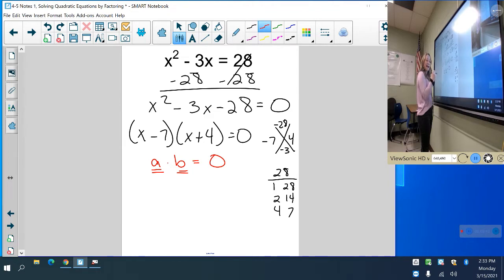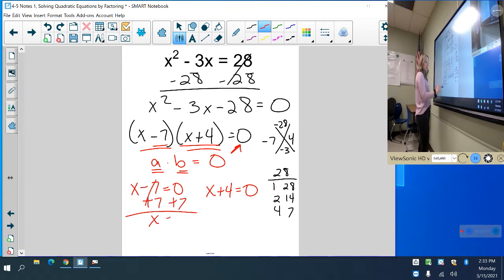One or the other has to be equal to 0. Same is true here. This or this has to be equal to 0. So I'm just going to set x minus 7 equal to 0 and x plus 4 equal to 0. Solve both, and I have x equals 7, and subtracting 4, x equals negative 4.